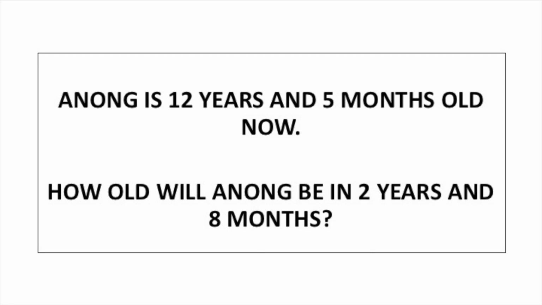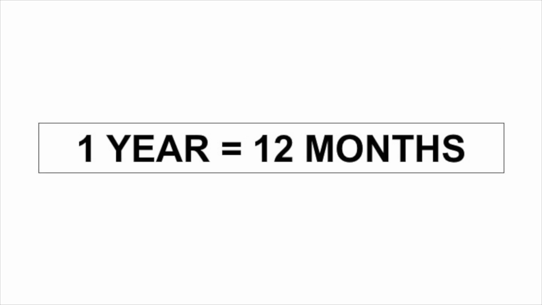We need to add on 2 more years and 8 more months. So the first thing to do, how many months in 1 year? 12, okay? So remember, because that's important. 1 year equals 12 months. So what we'll do first, we'll add the years together, because they're the easiest.